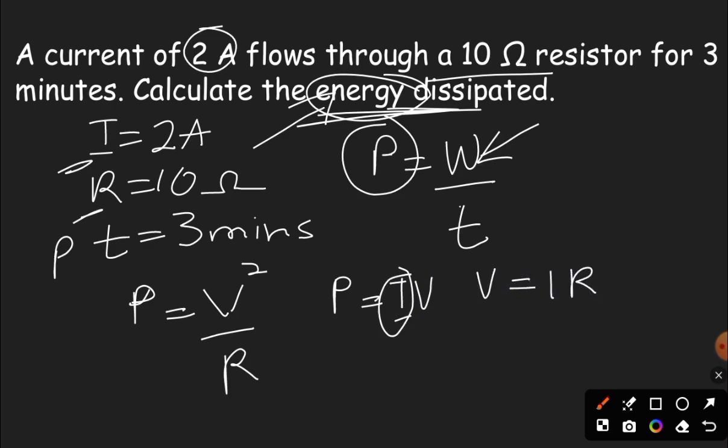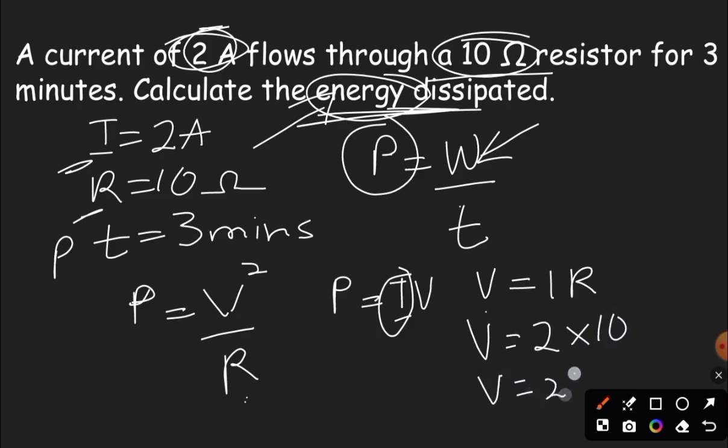We need to be able to connect our current and resistance so we can find our potential difference or voltage, so you connect it to this formula. Our current is 2 ampere. So V equals 2 multiplied by our resistance, which is 10. So our potential difference or voltage is 20 volts. So right from here, we can fix it into this formula.